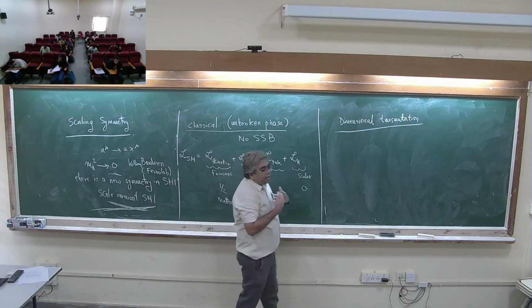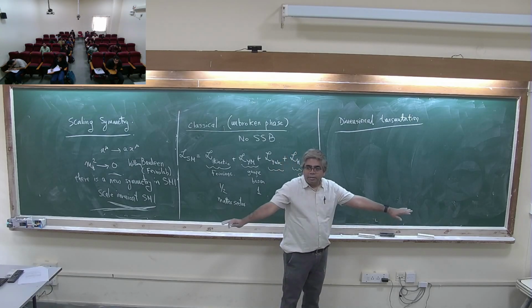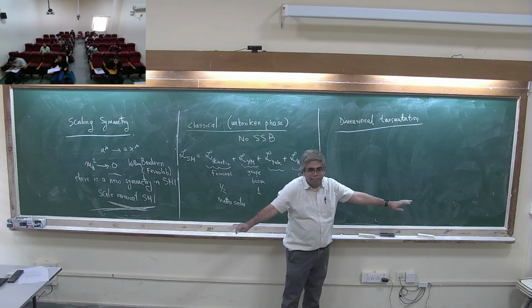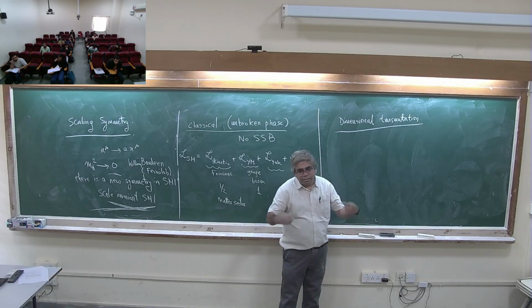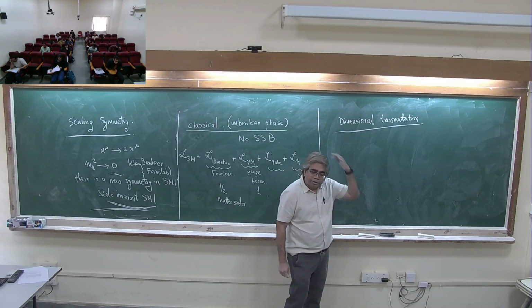Okay? So you are creating mass dimensions from a completely dimensionless theory. You have a theory which has no dimension, that means there is no dimensional parameter, but radiative corrections will generate a dimension.